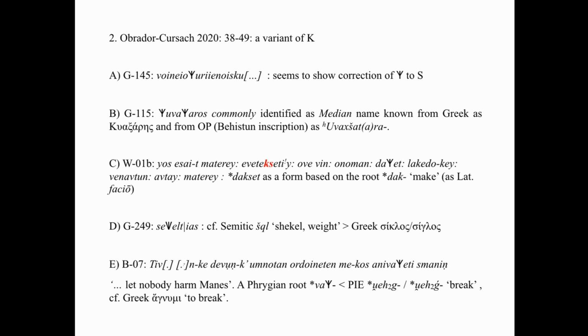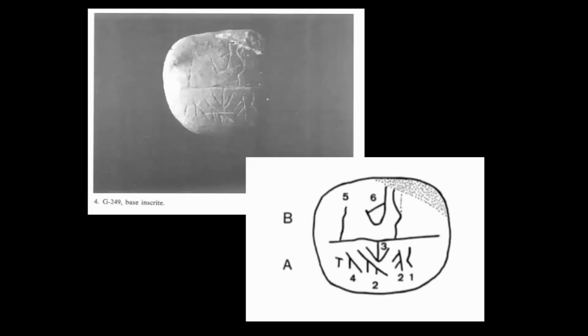Well, this is very problematic because I think this object is written neither in Phrygian, nor in Greek, nor in Ugaritic or Egyptian, or not even in Japanese, because I think this is simply an imitation of writing.